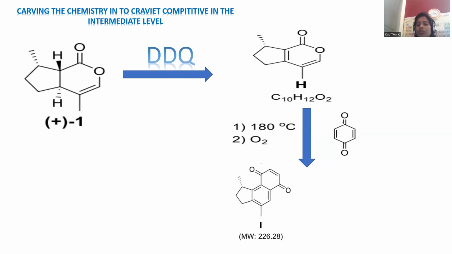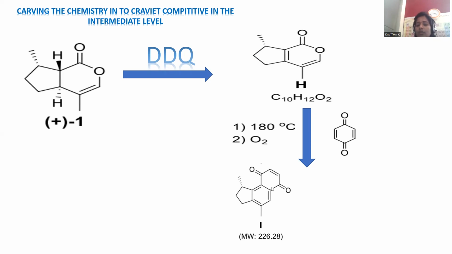This open molecule, whenever treated with this quinone molecule, will participate in the ring closure reaction. How can it be? 4+2 pi cycloaddition. Here it is the 4 pi electron system. It will behave like a 2 pi electron system over here. 4 plus 2 cycloaddition got carried out and we can find a fused molecule like this.